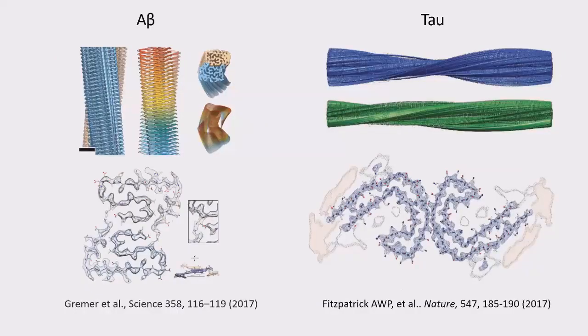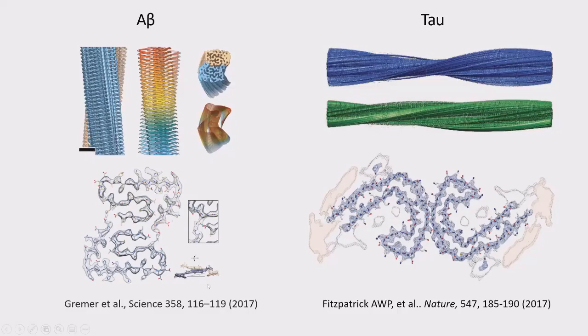So I've been talking about A beta and tau for a long time, but I didn't really show how those misfolds look. For a long time, we didn't have very proper knowledge of the 3D conformation, the geometry of those proteins. But since the advancement of cryo-EM, which was awarded the Nobel Prize in 2017, now we get very nice atomistic information about how those fibrils, those long chains of molecules, look like.